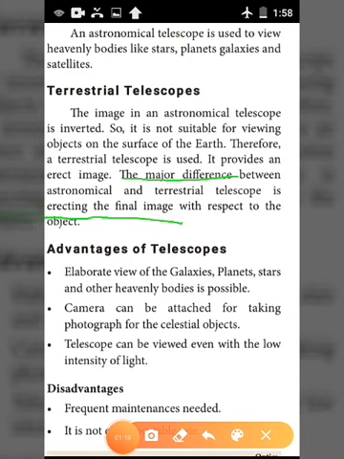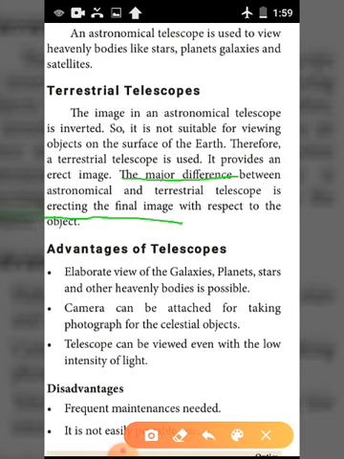The next one, what is the major difference between astronomical and terrestrial telescope? The major difference is erecting the final image with respect to the object. Already I said erect image means we can see the image in the original form of the object.